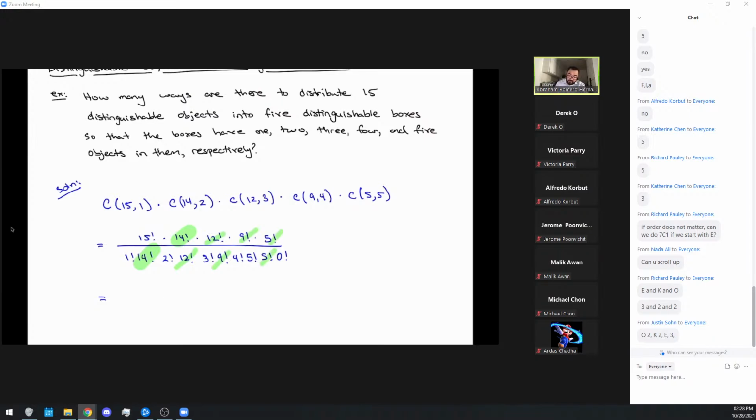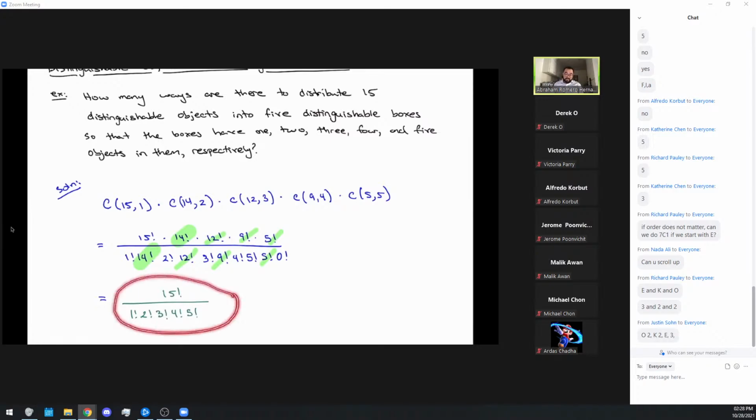So if I had to rewrite this, this is just 15 factorial over 1 factorial, 2 factorial, 3 factorial, 4 factorial, 5 factorial. And we can ignore the 0 factorial since we know that's just simply 1.